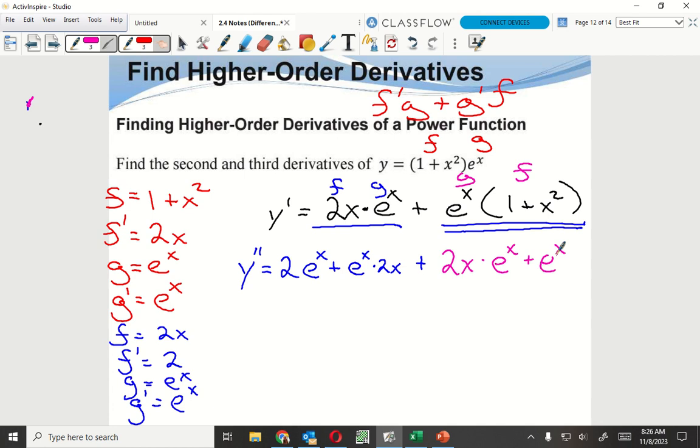And times F, which was 1 plus x squared. So that is this piece right here. We're taking the derivative of this, which just so happened to be the same as my original where I went through and did that. So is that better to actually just rewrite it and do the whole thing over? Or instead of skipping a step? No? Yeah, I think not better.